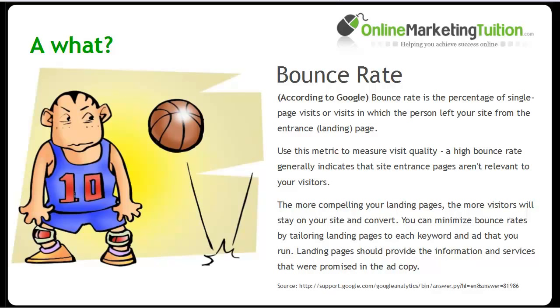Landing pages should provide information and services that were promised in the ad copy, and that goes for the search result as well. If it's in the search result and you're promising them something, well, when I was looking for a plumber, I didn't want to find a gas engineer, and that was the reason I would bounce out of that page. And if you think about what Google says here, it actually backs up everything I've been saying so far about the methods we use.